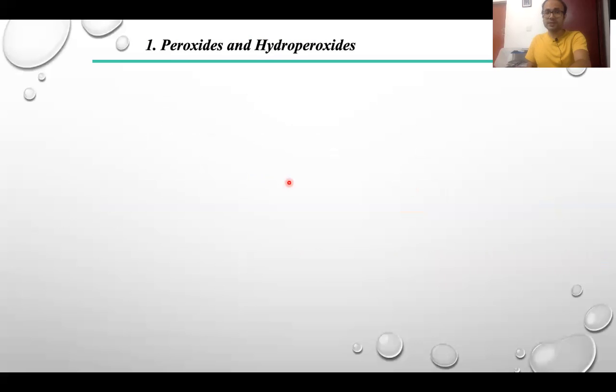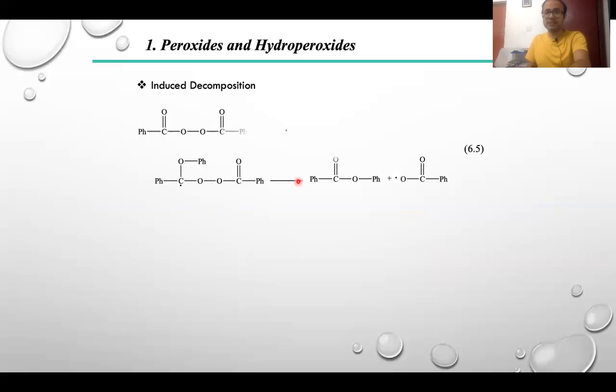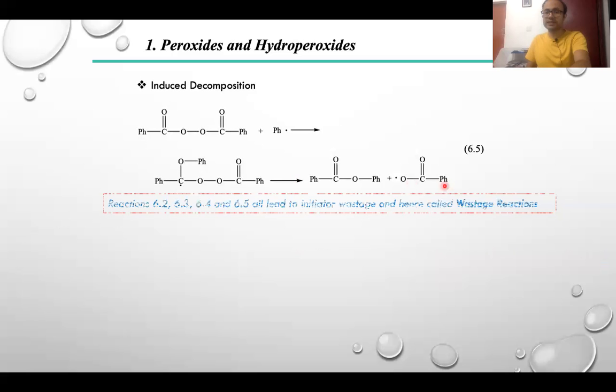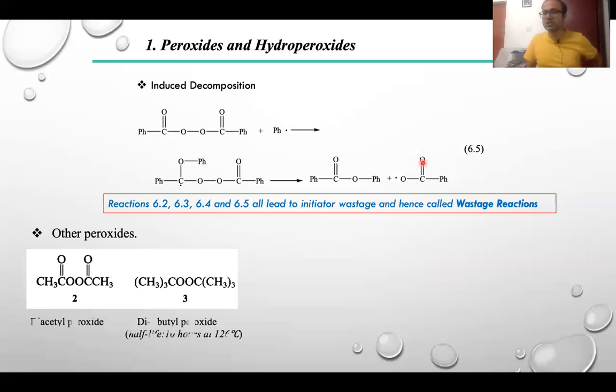What is responsible for their stability is easy to understand, because you have a conjugation happening here. You have a pi cloud, and this pi cloud can interact with the pi cloud of the benzene ring, and therefore this benzoyl oxy radical is stabilized by the conjugation with the phenyl pi cloud.